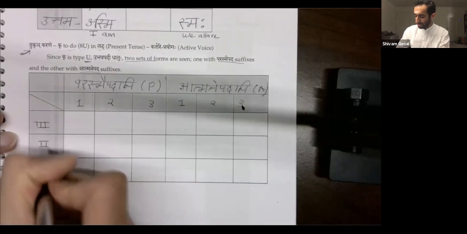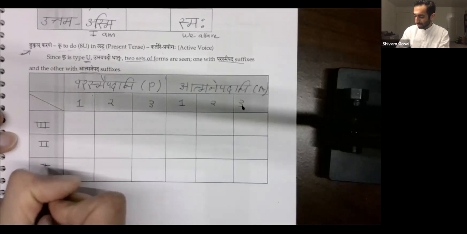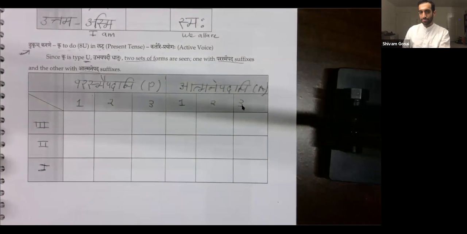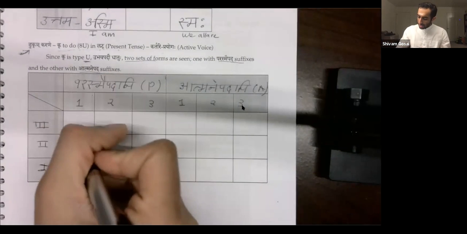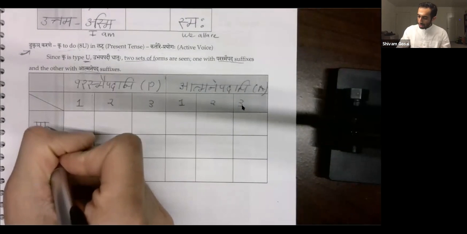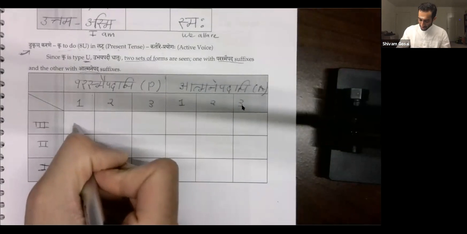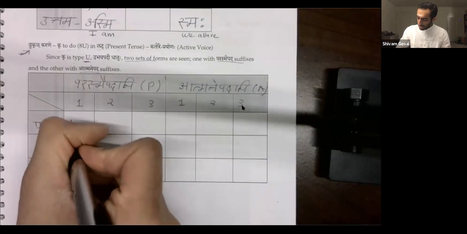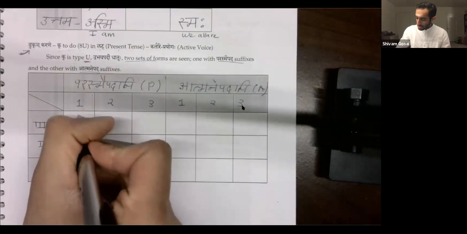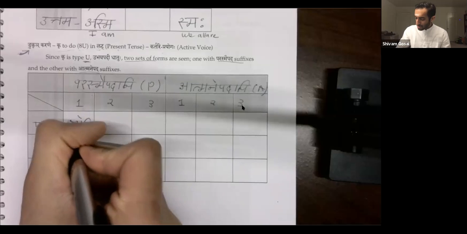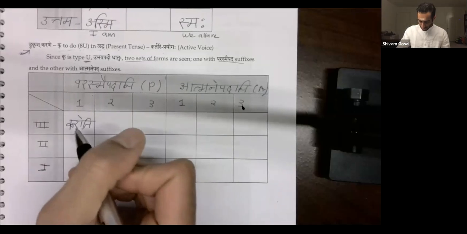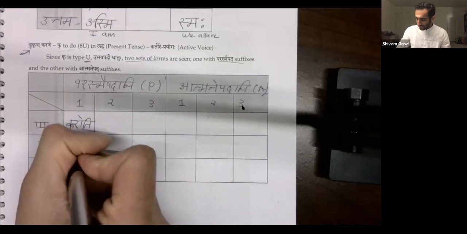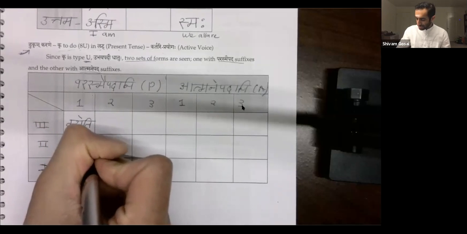Okay, I'm going to do a little bit of shorthand. If I'm doing kridatu in prathama purusha ekavachanam, we know it's karoti. Karoti, he does. If you can fit it in, you can also write the definition.